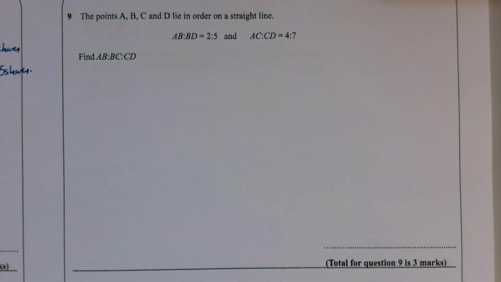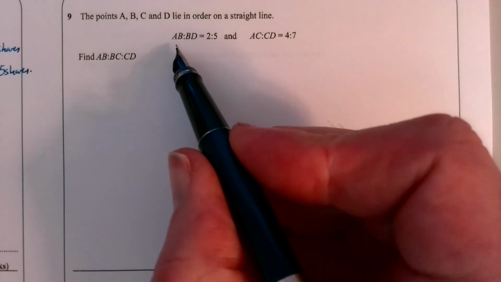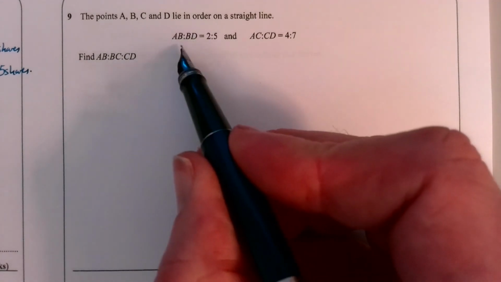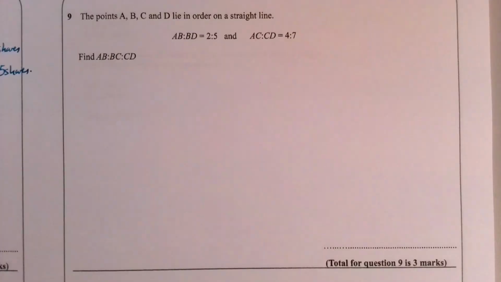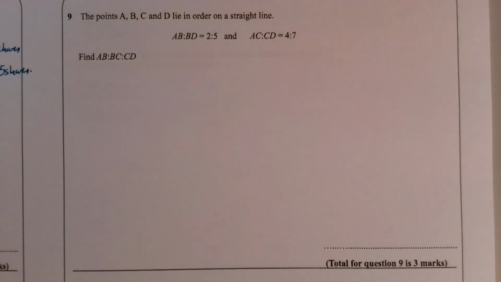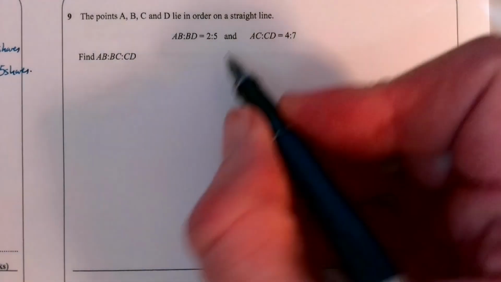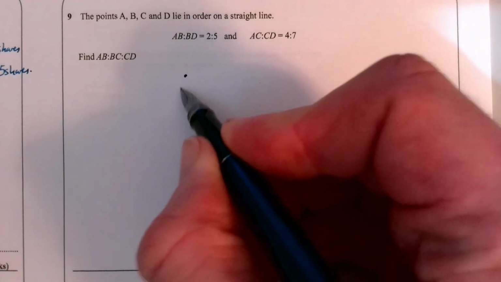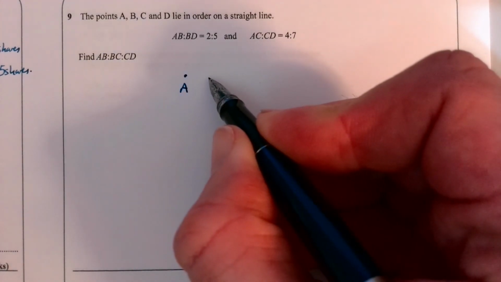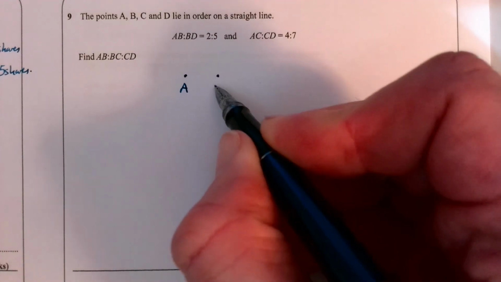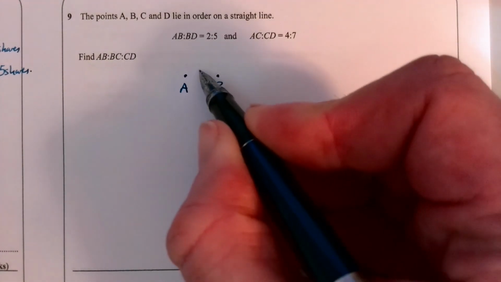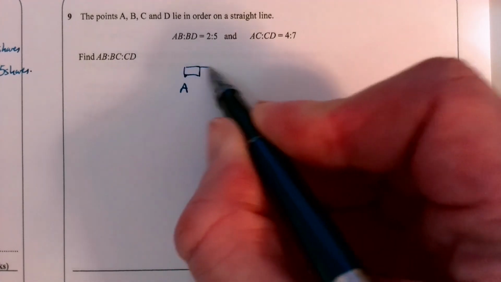Okay, here's question 9. Jot this one down, have a go, pause the video, and then see if you get something along the lines of me. A, B, C and D lie in order and on a straight line. And A to B and B to D is 2 to 5. So we've got A to B. If that's 2, let's draw it out.